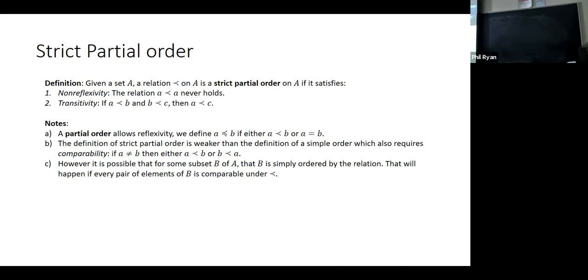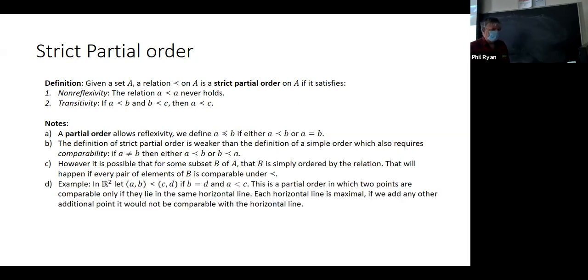Okay. But if you think about it, if you've got a set and it's got a partial order on it, then it's possible for some subset to be a simple order, i.e. in some subset, all the elements in that subset are comparable to each other. Every pair of elements is comparable.